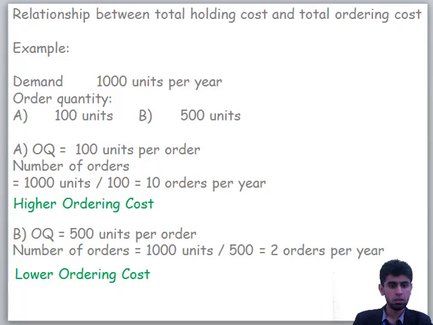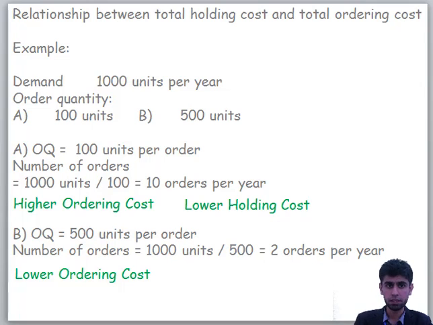Now we can also see what will happen to our total holding cost. In situation A, I'm going to order only 100 units. That means I only need a smaller warehouse. So my holding cost will be lower in situation A, because I only need to store 100 units.